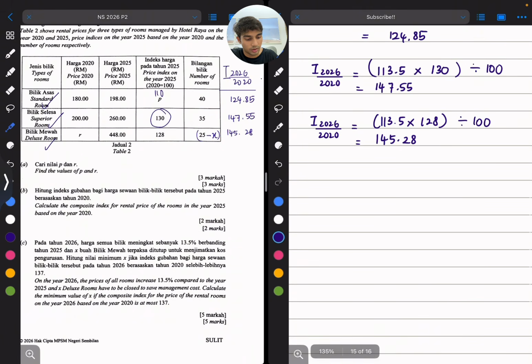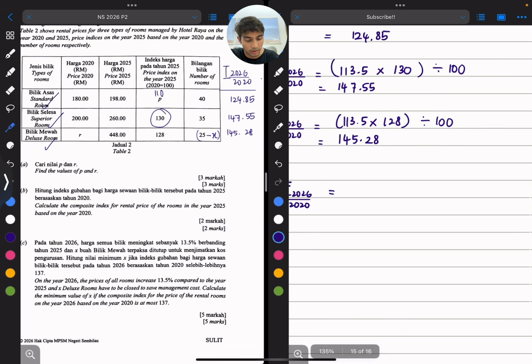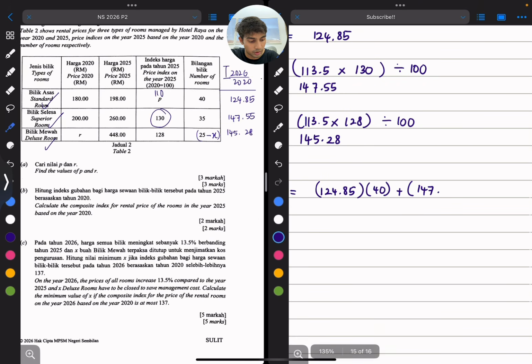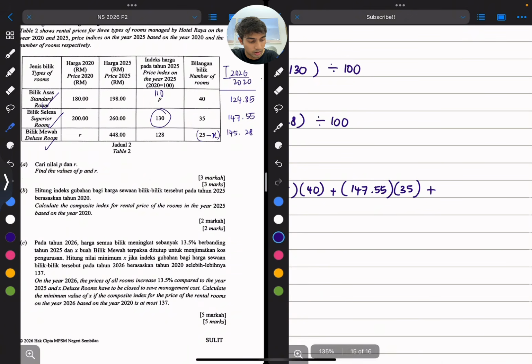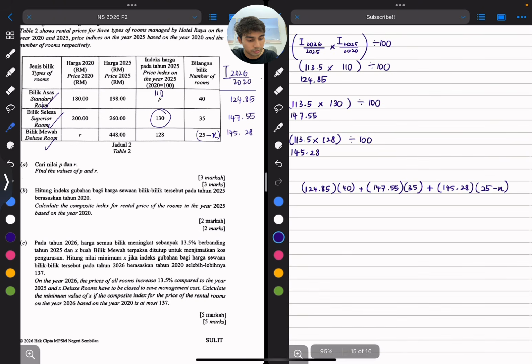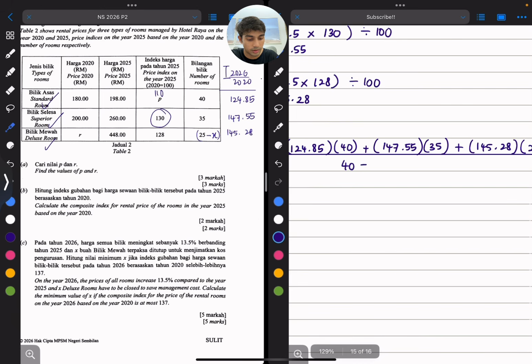So the composite index is 124.85 times 40 plus 147.55 times 35 plus 145.28 times (25 minus x), the whole thing divided by the sum of weightage.